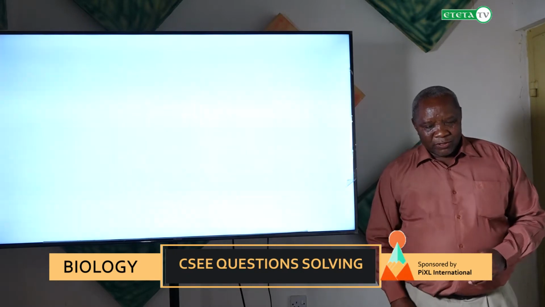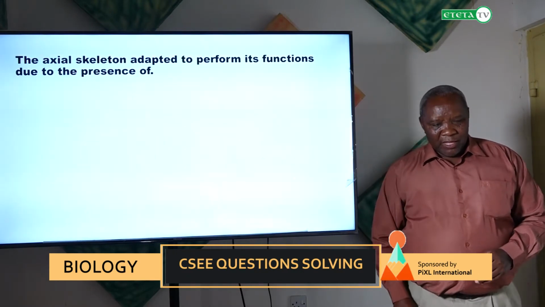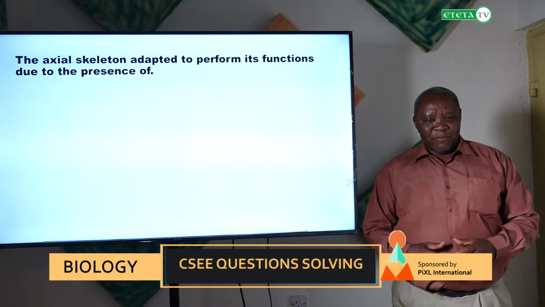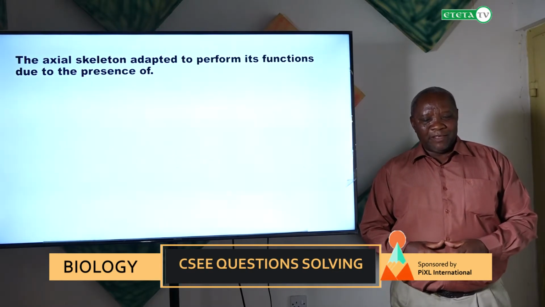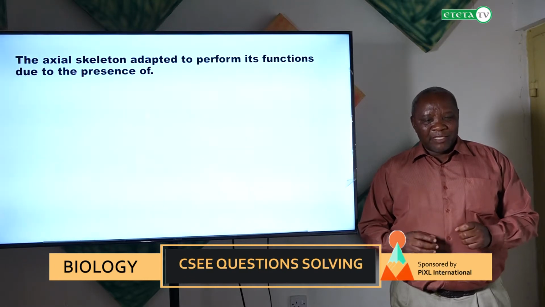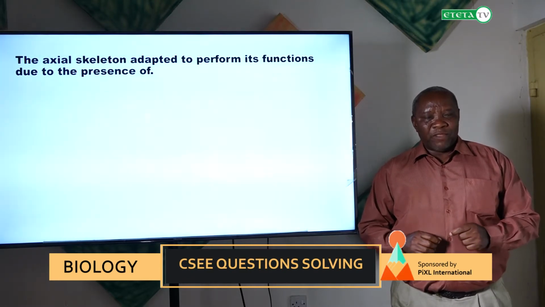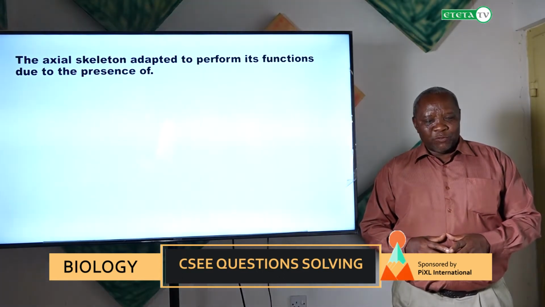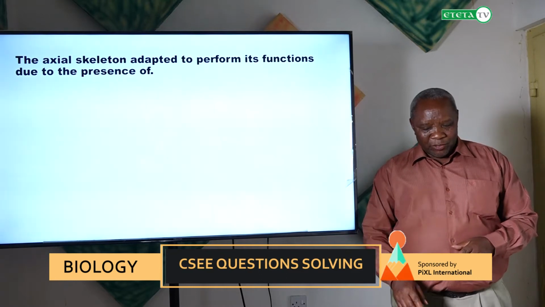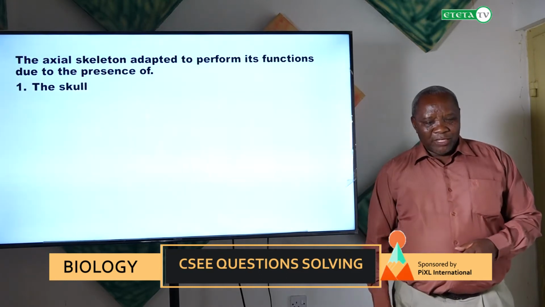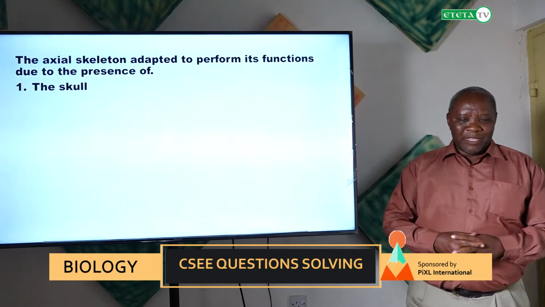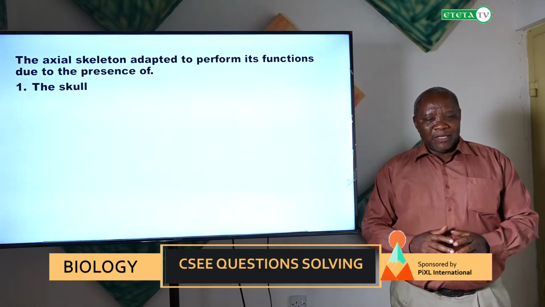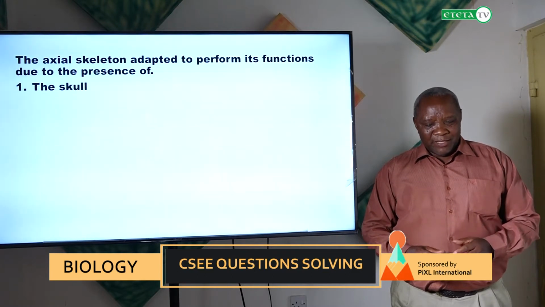Now let us go to the key point of the question: how can the axial skeleton be adapted to perform its function? It is adapted due to the presence of the following. One is the skull, which is part of the axial skeleton.